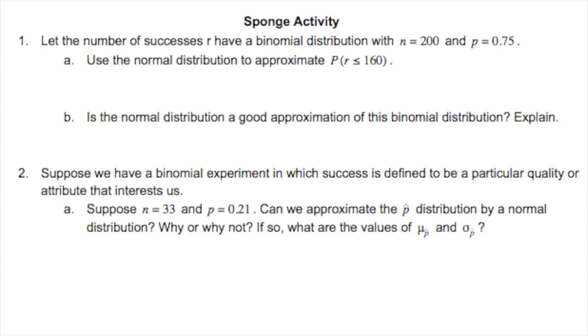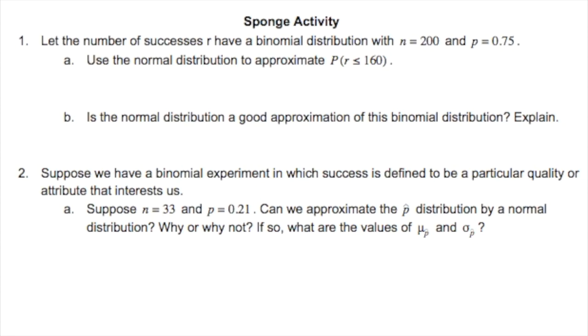And now time for the sponge. Number 1, let the number of successes r have a binomial distribution with n equals 200 and p equals 0.75. Use the normal distribution to approximate the probability that r is less than or equal to 160. And is the normal distribution a good approximation of the binomial distribution? Explain.